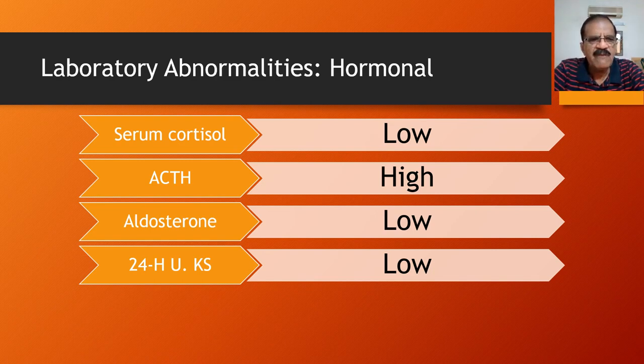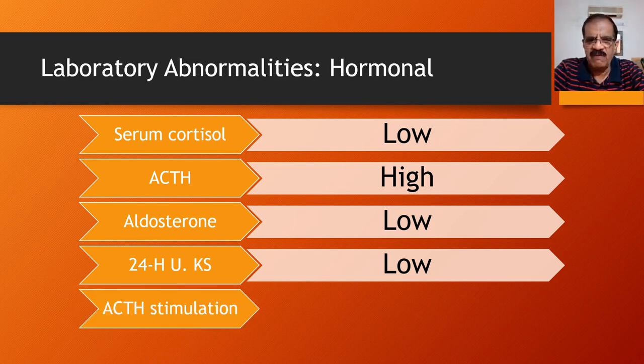This one gives you the 24-hour value, so if it is low, that would be very helpful. But it's a cumbersome test; the patient will be required to collect 24-hour urine, which may not be easy. So we usually skip this one also.